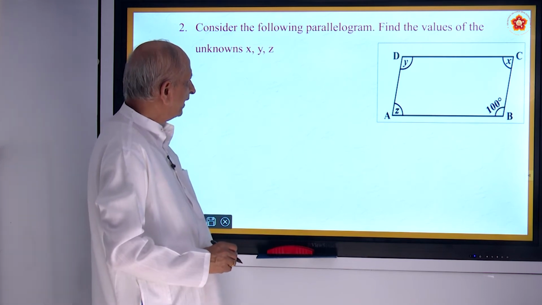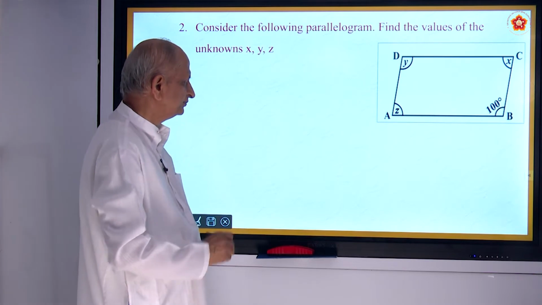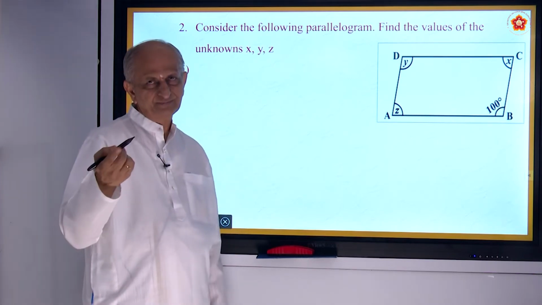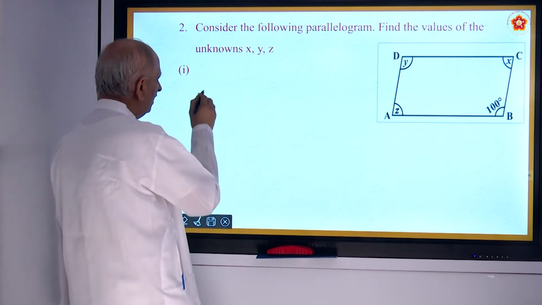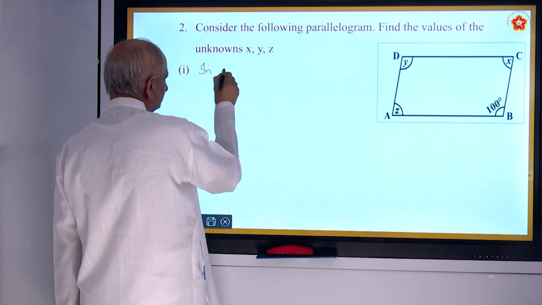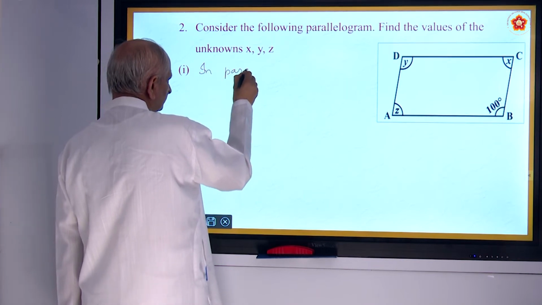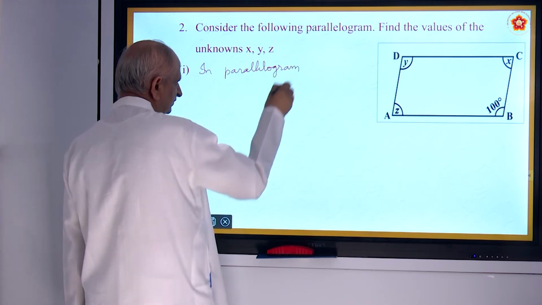Consider the following parallelogram. Find the values of x, y, z. Come on, anybody? You can tell? Good. Come on. In parallelogram, you have to write steps correctly.